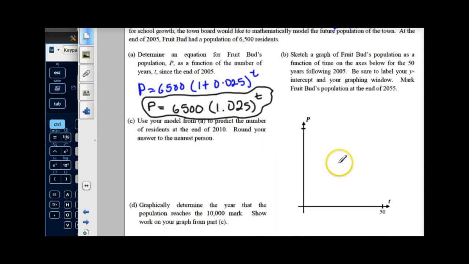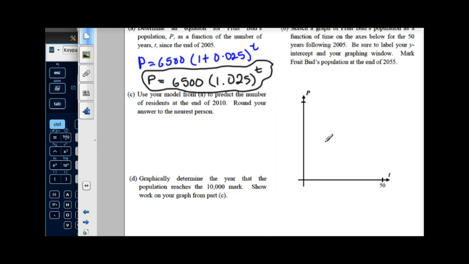Part B says to sketch a graph that looks like this. Sketch a graph on the axis below. What you want to do, and you're going to do this on your own, is change the window size. This should be 24,000. This will be 50. We know that this graph is starting at 6,500.